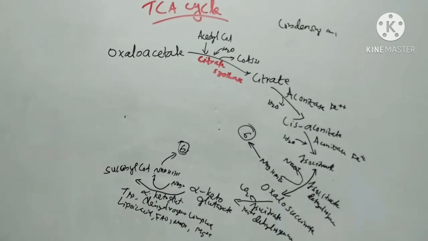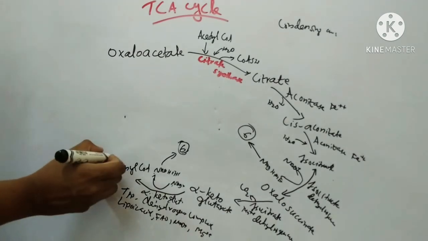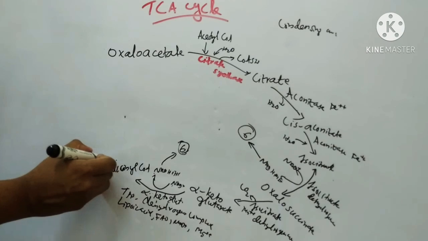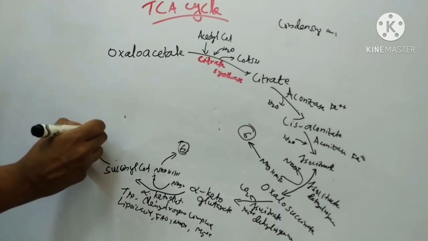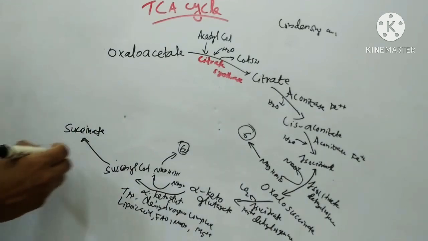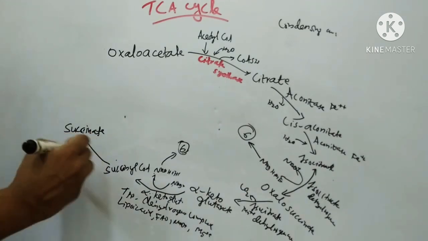Next is stage 3. In stage 3, succinyl CoA is converted to succinic acid, or succinate, to continue the cycle. Here the enzyme is succinate thiokinase.